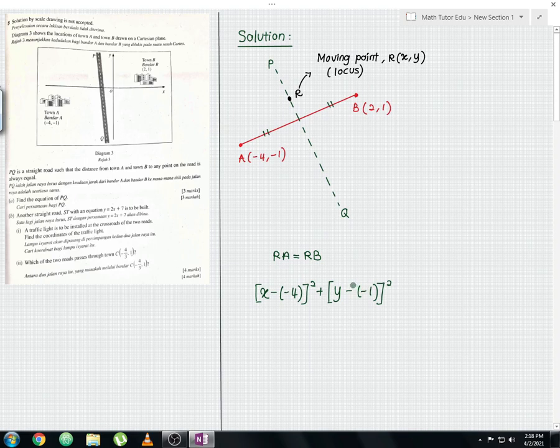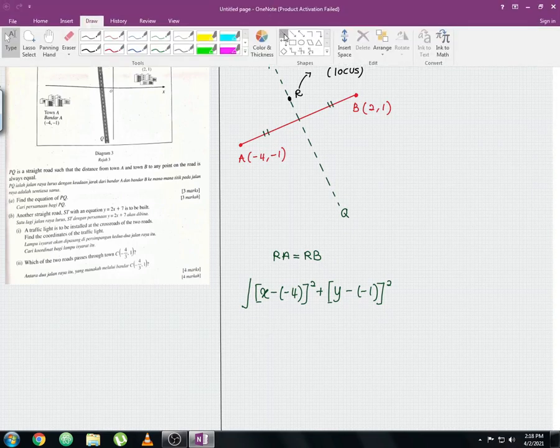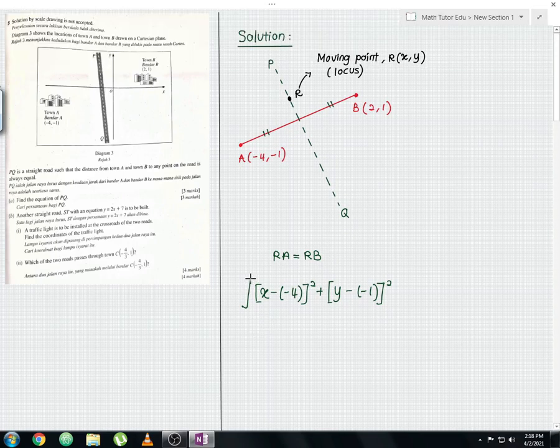Since we are calculating a distance between point R and point A, you need to square root it. So this is for the distance RA.